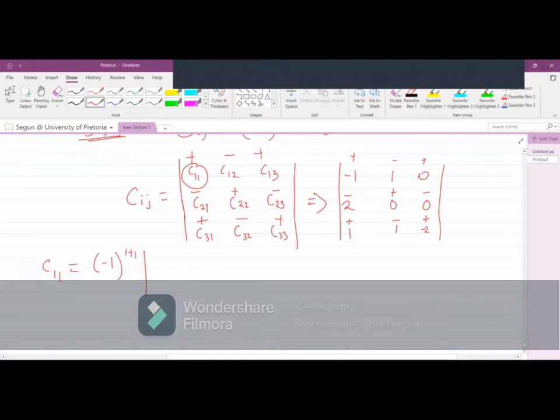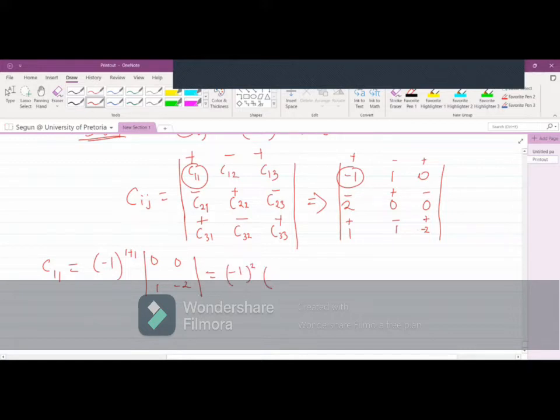If I pick this particular one, this row and this column will be removed. What remains? 0, 0, 1, minus 2. So I'm going to have minus 1 raised to power 2.